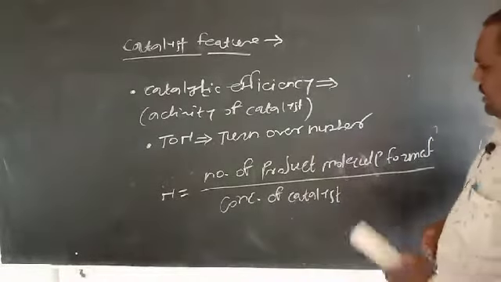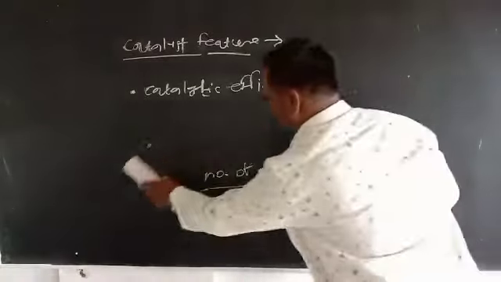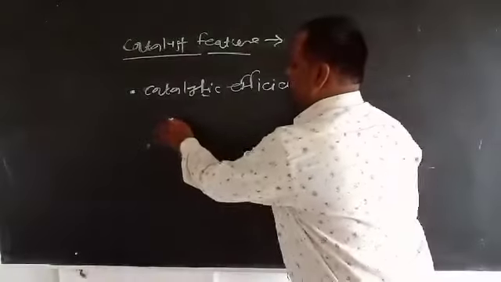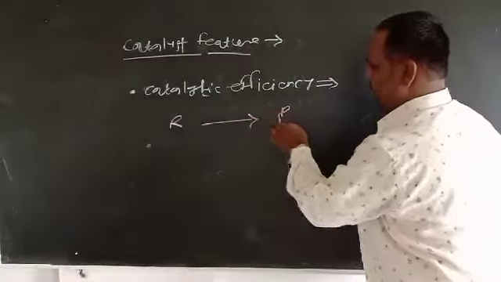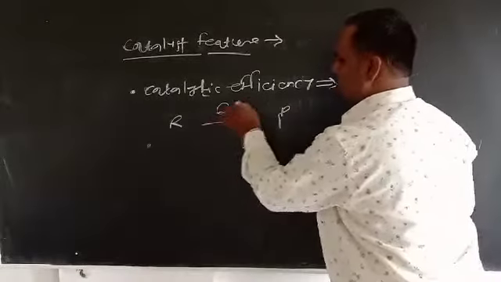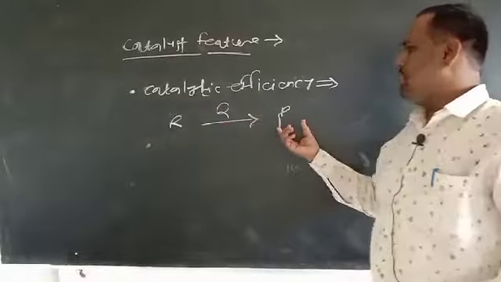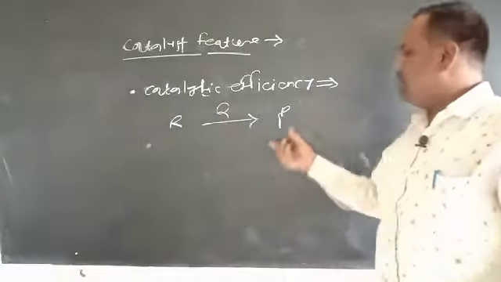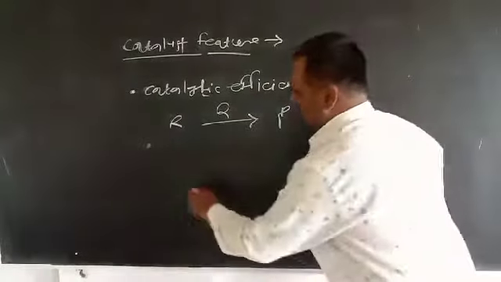So let us see a simple reaction for this catalytic efficiency. If we consider the reaction, that is a reactant R is converted into product P in presence of catalyst Q. So R is your reactant, Q is your catalyst, and P is your product.